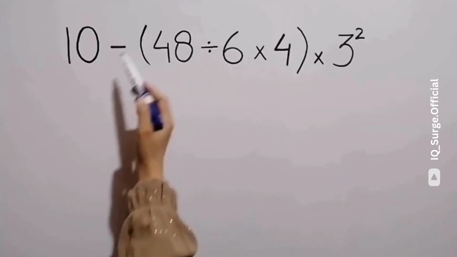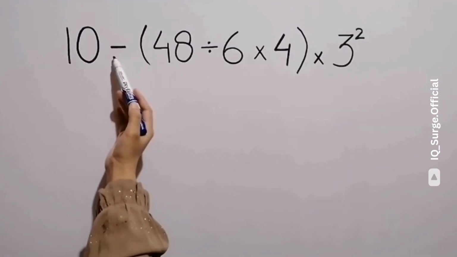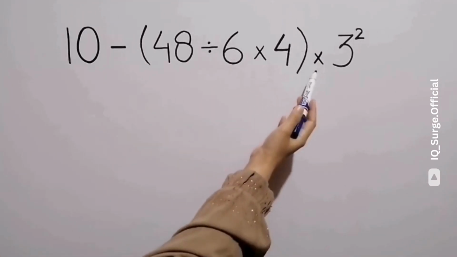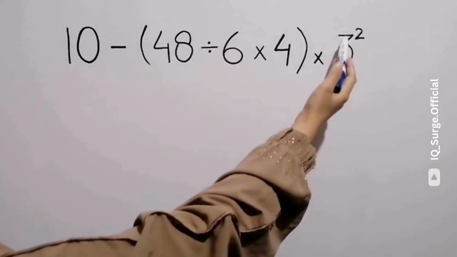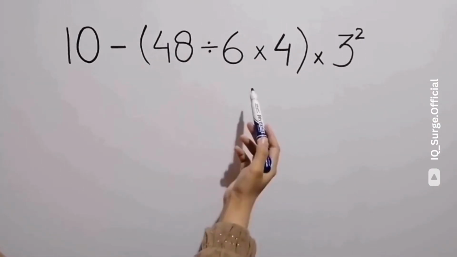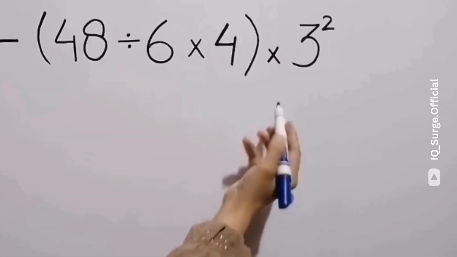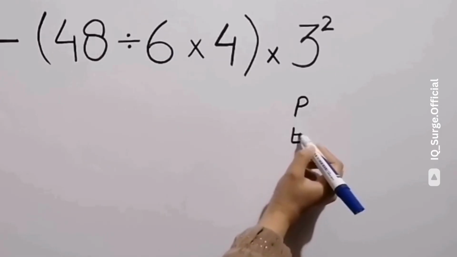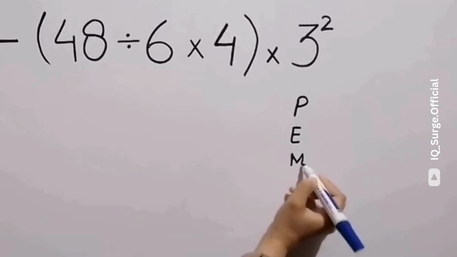As you can see on the screen, in this expression first you have a subtraction sign, then parentheses. After that we have a multiplication sign and finally an exponent. Alright, now let me show you how to solve this expression correctly. To solve this question, we need to follow the order of operations, which is the PEMDAS rule.